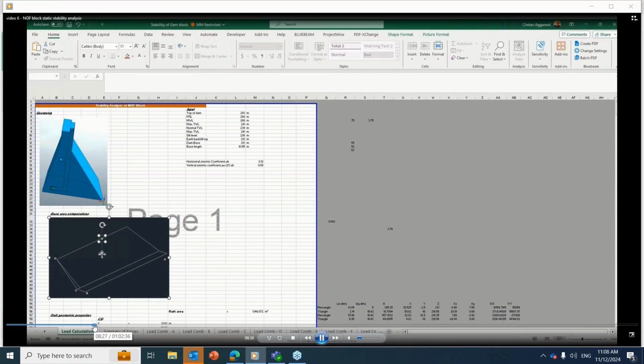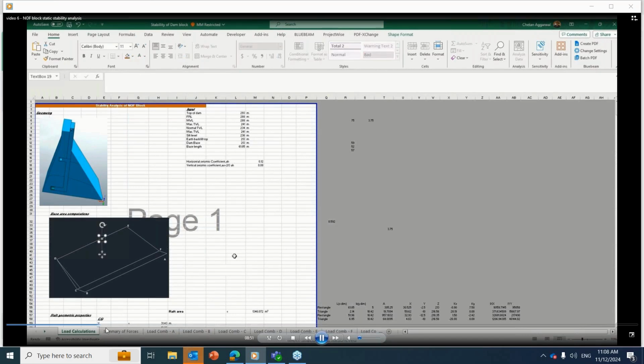As you know, base pressures at various corners are P by A plus minus Mx over Zx plus minus My over Zy. You know this, and Z you can compute from the moment of inertia about that axis divided by the distance from the extreme fiber.